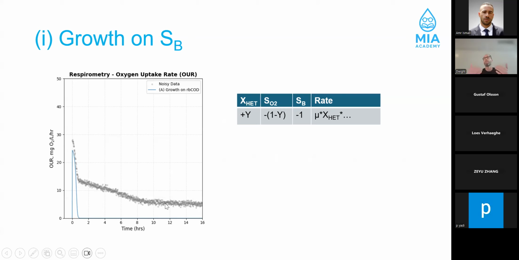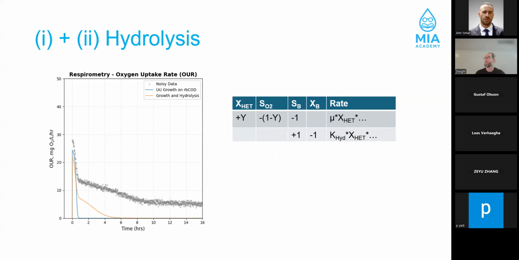So perhaps we need a somewhat more complex model. So we can introduce a second line item into our model matrix here. And what I've introduced here actually is a hydrolysis process. And so we've fractionated now our influent composition according to not just SB, which is our soluble biodegradable substrate, but also in terms of XB, which is our particulate biodegradable substrate.